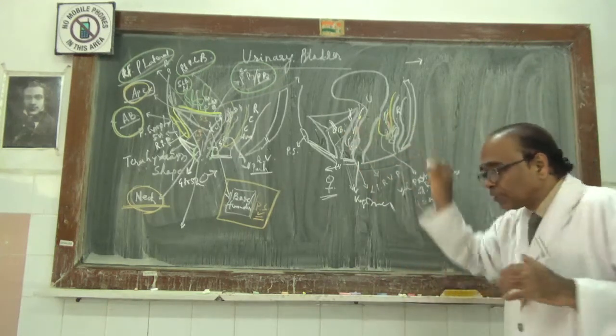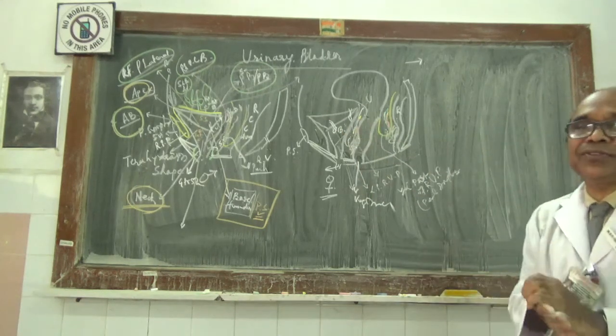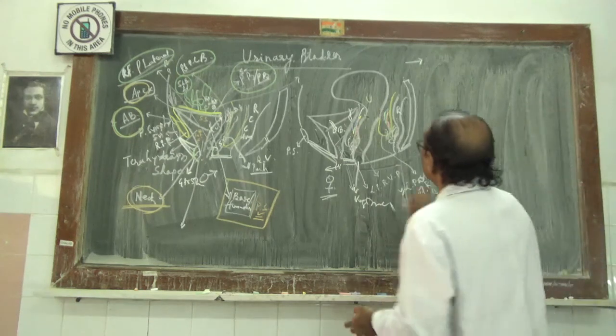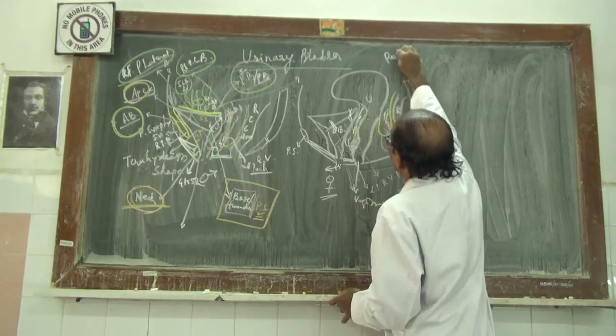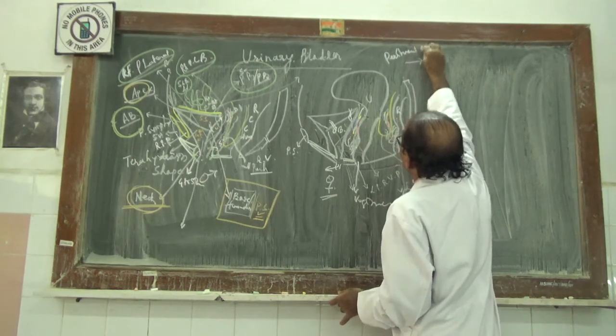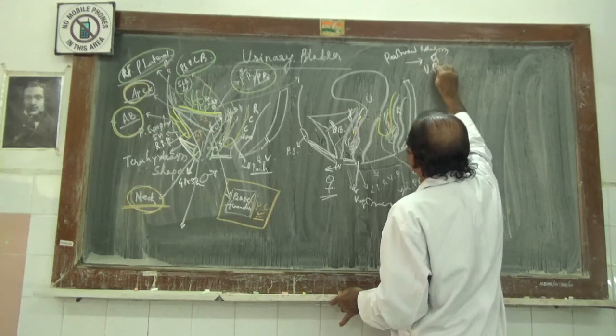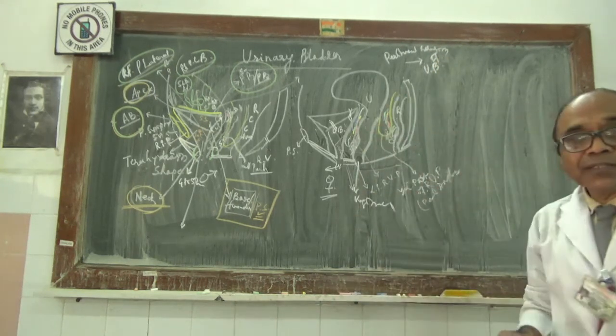So these are the other things, false. So you have got false and true ligaments. So this is the peritoneal relation of the urinary bladder.